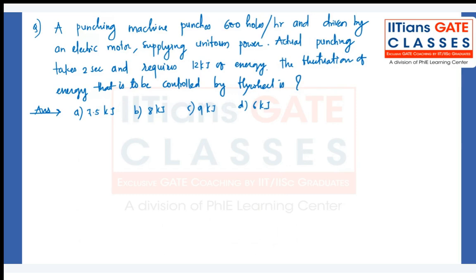Coming back to this question, this is about the fluctuation in the energy. So let me explain the procedure here. This is the torque and this is the time. A punching machine punches 600 holes per hour and is driven by an electric motor supplying uniform power.